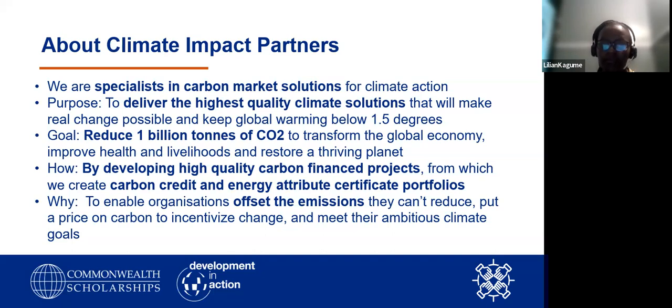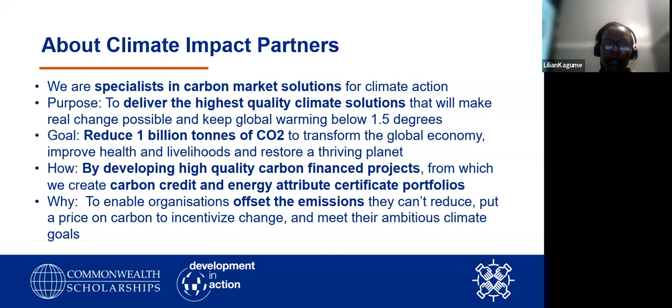And our ultimate goal is to contribute towards keeping global warming at below 1.5 degrees, because we understand that, with the UNFCCC, this is the recommendation that all states and governments are working at, so that we don't go beyond the dangerous climate change levels.